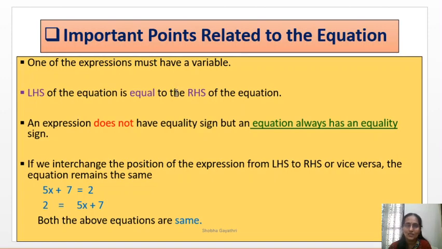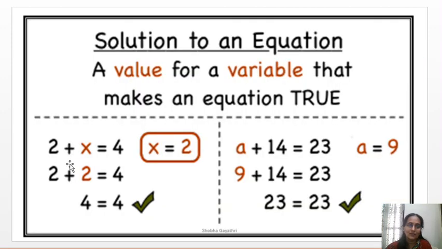An expression does not consist of an equal sign. Only the equation consists of an equal sign. When the equations are written like 5x plus 7 equals 2, or 2 equals 5x plus 7, here 2 is on the RHS of the equation, and here 2 is on the left hand side of the equation. Both equations are the same. We will define solution now.